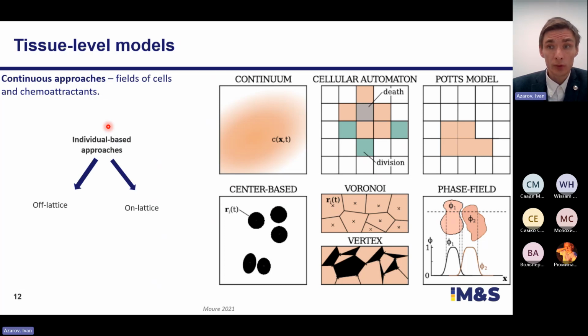And if you talk about approaches which can describe cells by individual-based approaches, to describe cell motion along a reticular fiber network, we should use approaches which can effectively describe and imitate cellular motility.